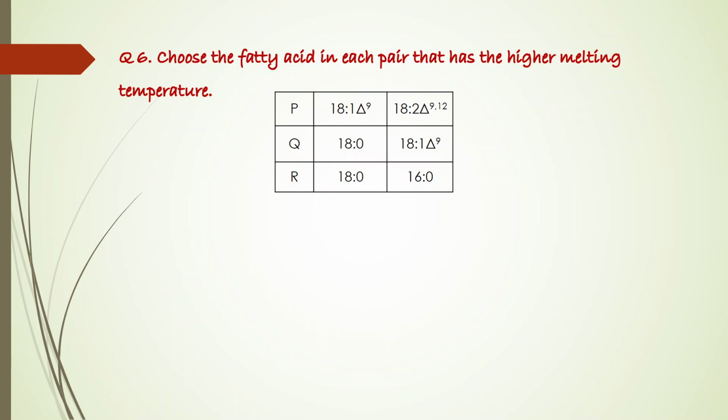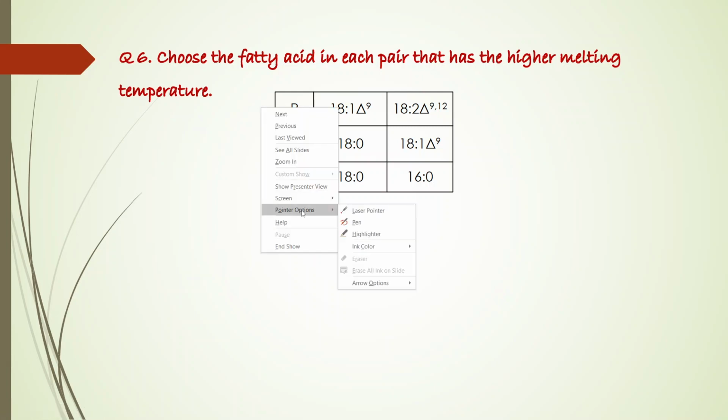So let us start. This is the first question. It states, choose the fatty acid in each pair that has the higher melting temperature. These are the fatty acids that are given, P, Q and R. These are the three sets.